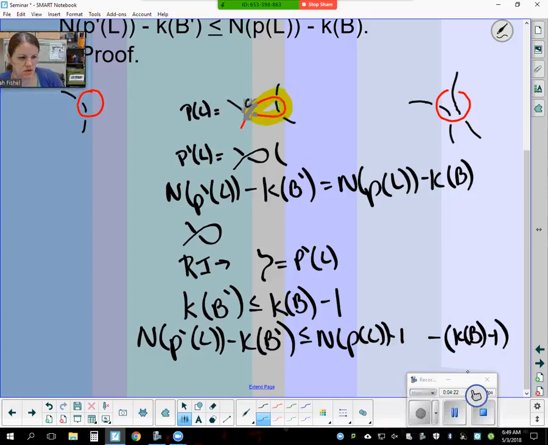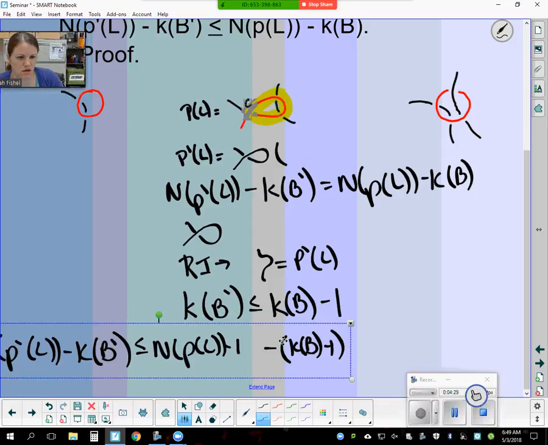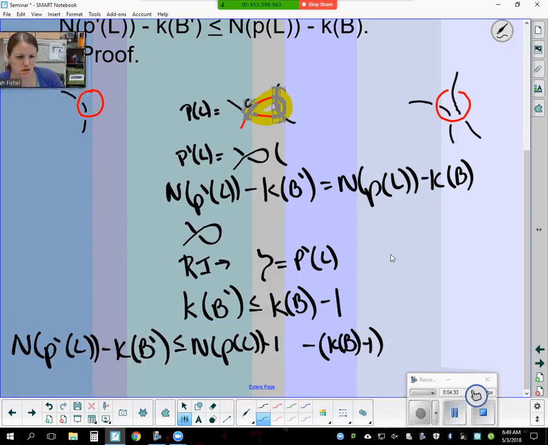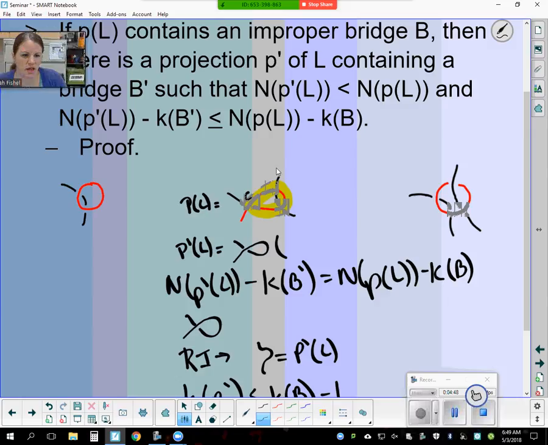And then that would be, and I needed to write this moved over more, equal to the number of crossings in the original projection minus the bridge number in the original projection. So that all fits our lemma again.